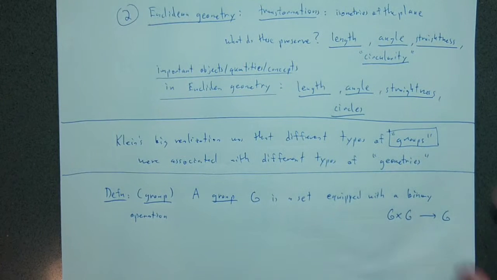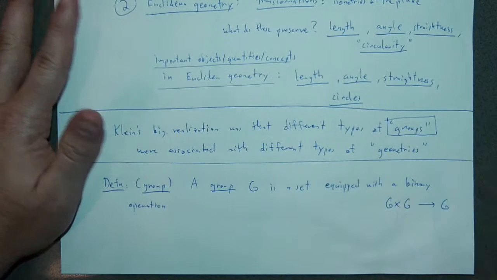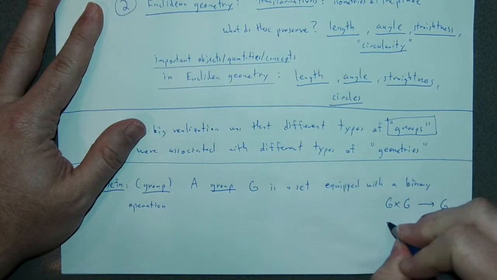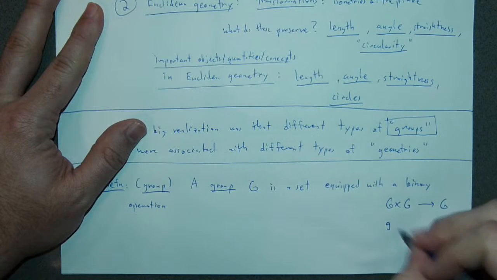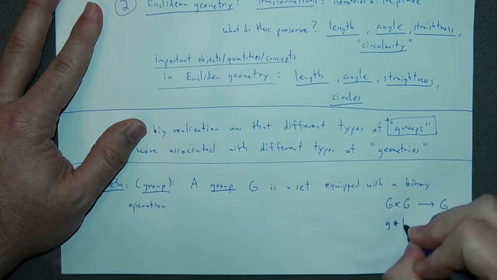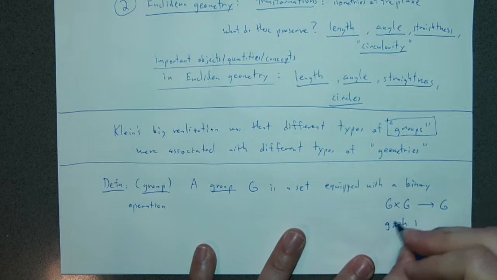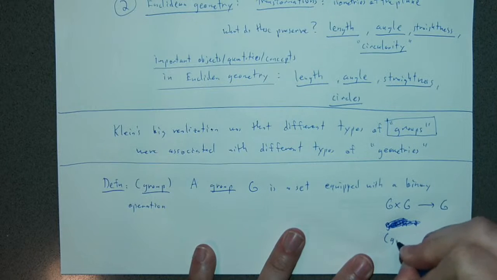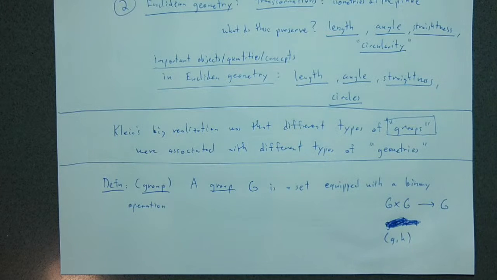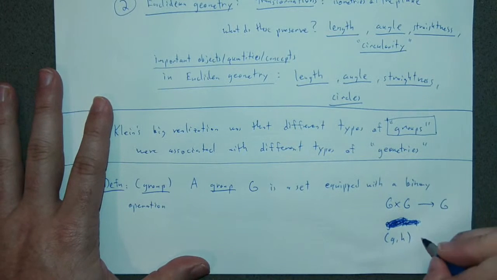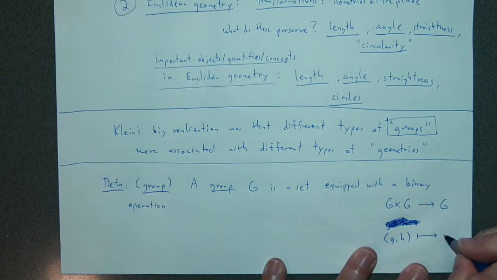And a lot of times this will be called star for a group. Let me write this differently, this is confusing. If I have an ordered pair g, h, both of these in G, this gets mapped to some element in G that is called g star h.